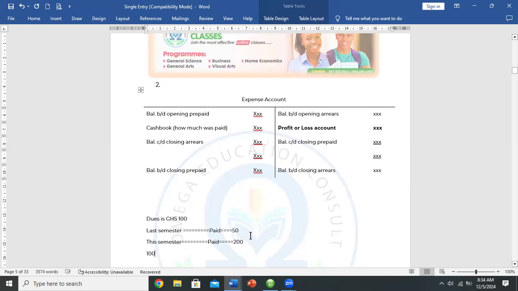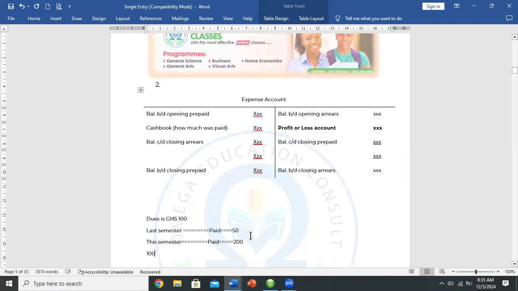Probably you sought to be benevolent towards the driver, right? The same way, if you paid 180 cedis to the driver and you are asked what is the total expense for traveling from Cape Coast to Accra, you can't tell us it's 180. That would be deception. It is 200, just that probably you got some discount, or maybe the driver was in a hurry, so he said, oh, let me take the 180 and go. So that's what I mean when I say the expense incurred for the period.